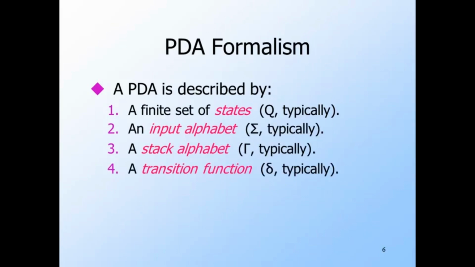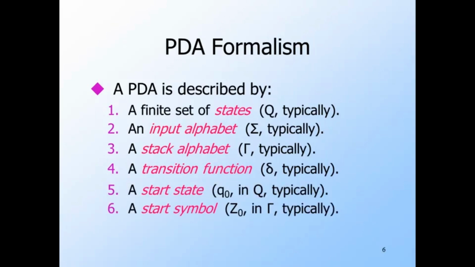There's a transition function delta to be described shortly. There is a start state, typically Q0, as for finite automata. There's a start symbol. This symbol is a member of the stack alphabet, and initially the stack contains only this symbol. And there is a set F of final states, again analogous to the finite automata.